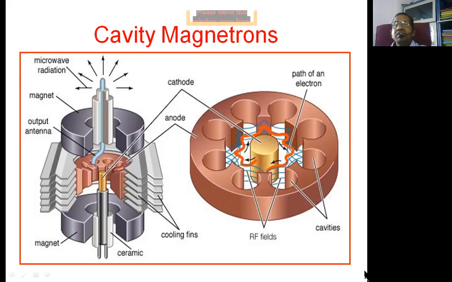That means what we have understood here is that the electrons which are emitted from this cathode experience some force because of the magnetic field lines, and due to that the electron beam is going to have some rotational field.